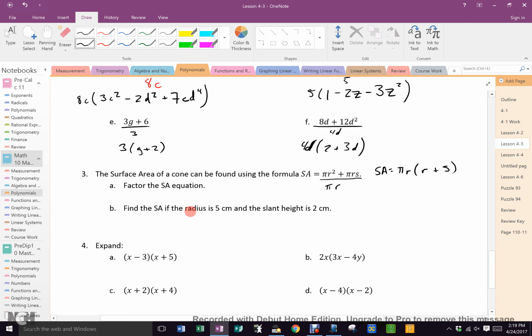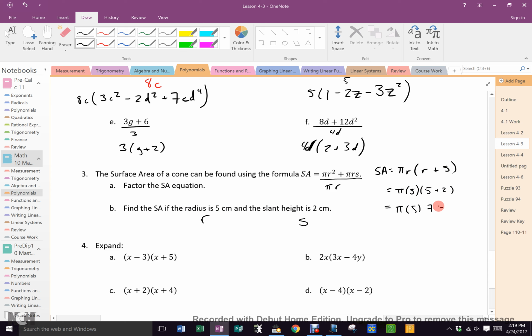Well, radius is 5 centimeters. Radius is 5, so there's my R. Slant is 2, there's my S, right? So what goes in for this first R? 5. And what goes in for R plus S? 5 plus 2. What is 5 plus 2? 7 times 5 times pi.